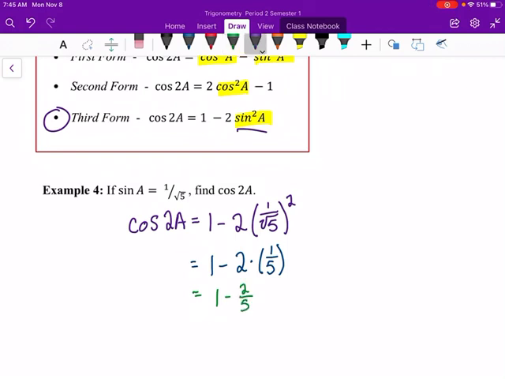And then our final answer is 3 over 5. That gives us the cosine of 2a for the angle that we were given.